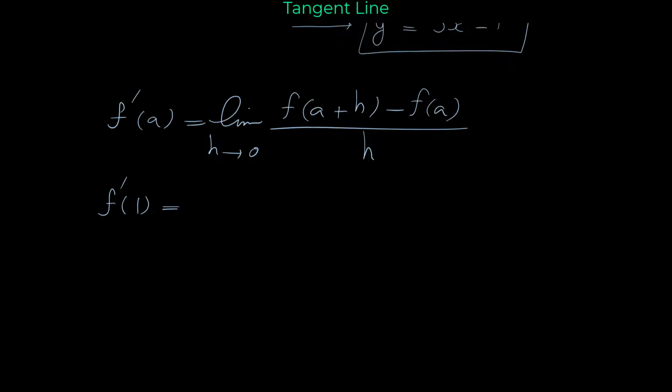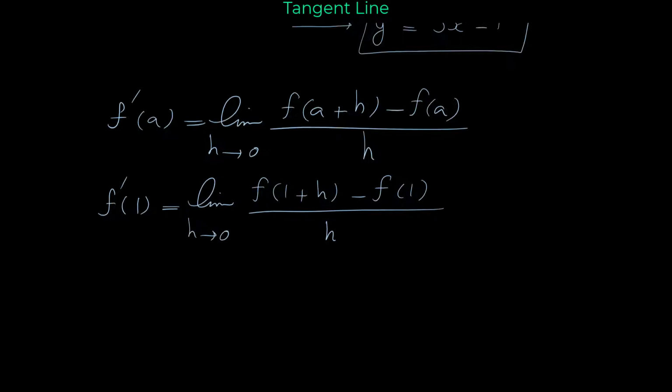f prime of 1 based on this formula would be limit of f of 1 plus h minus f of 1 all over h as h approaches 0. Now remember, what was the function? The given function was x to the 2 plus 3x. So let's rewrite this formula based on that function.